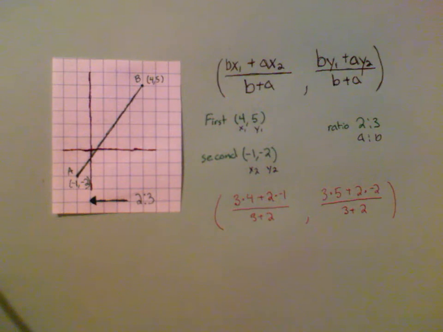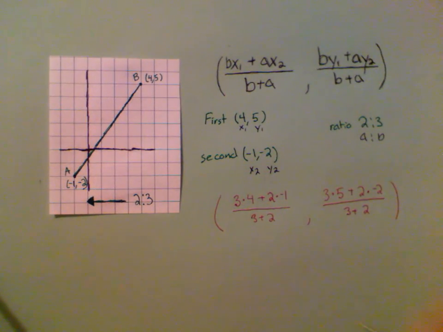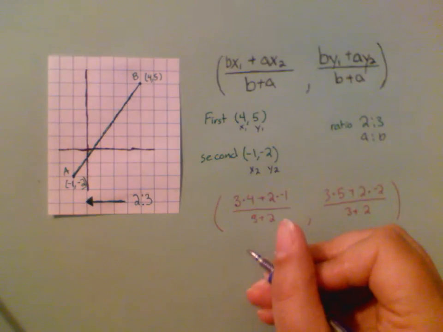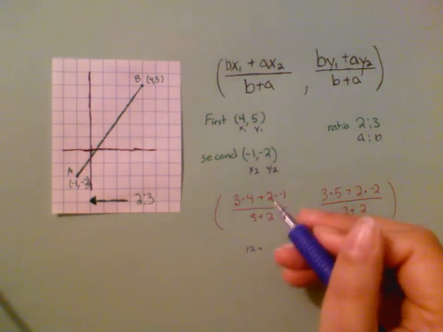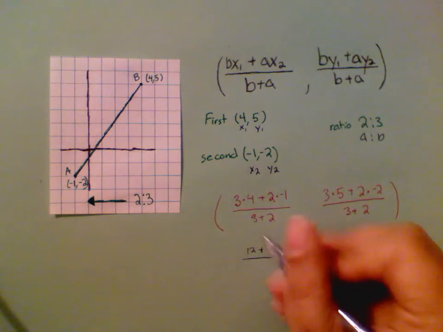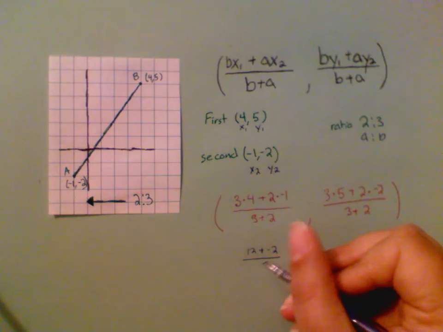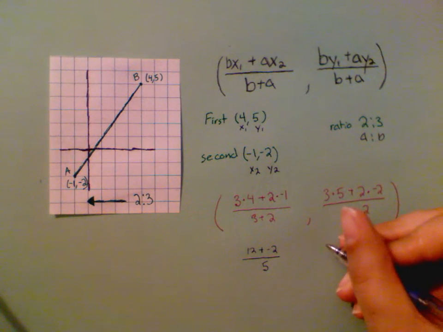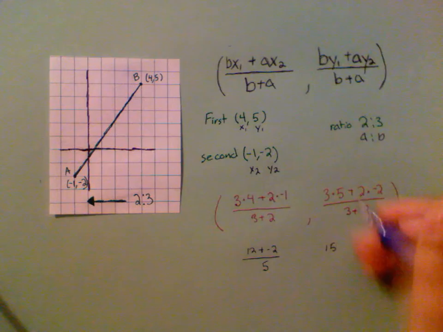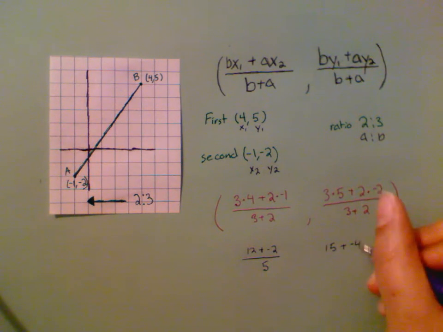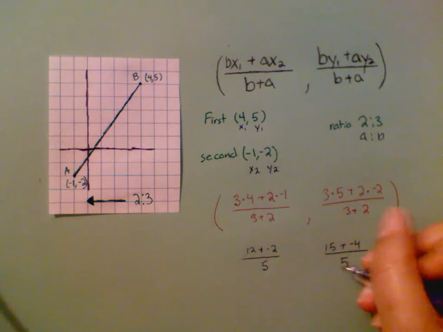And then from there, it's just solving out. So 3 times 4 is 12. 2 times -1 is -2. And then 3 plus 2 is still 5. So we've got 15 plus -4 over 5.